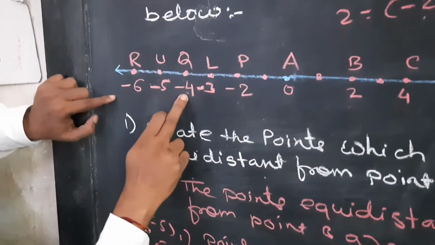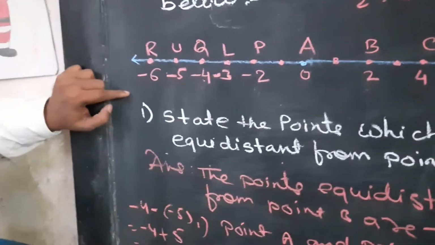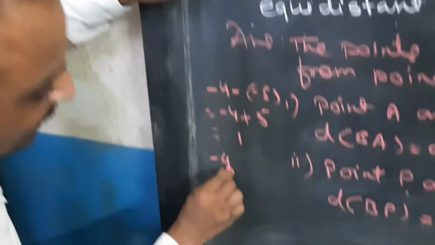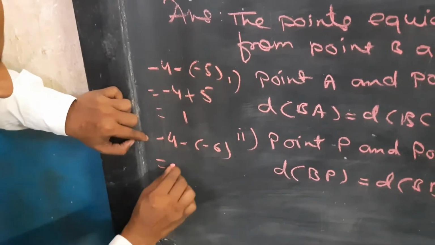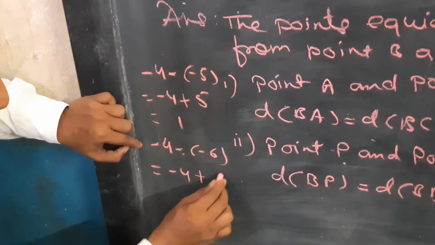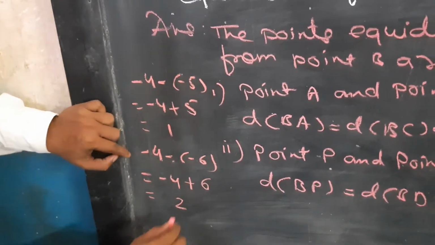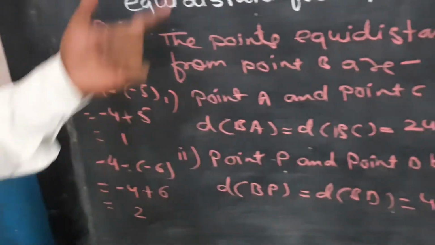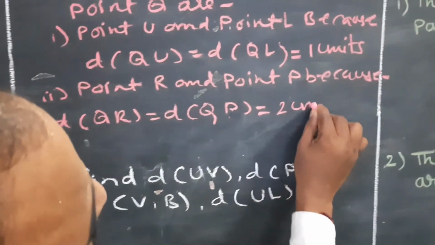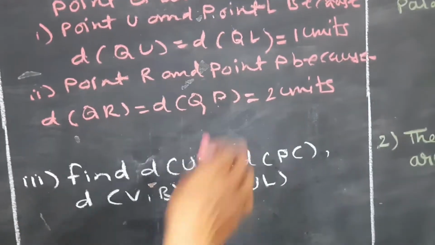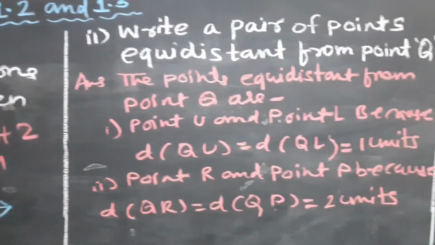Which number is greater here? Among negative numbers, the smaller number is always greater, so -4 is greater. So larger number minus smaller number: -4 minus (-6), minus and minus become plus, and 6 minus 4 becomes 2. Similarly, if you calculate the other distance, you will find the same, 2 units. So this was question number 2 of question number 6.